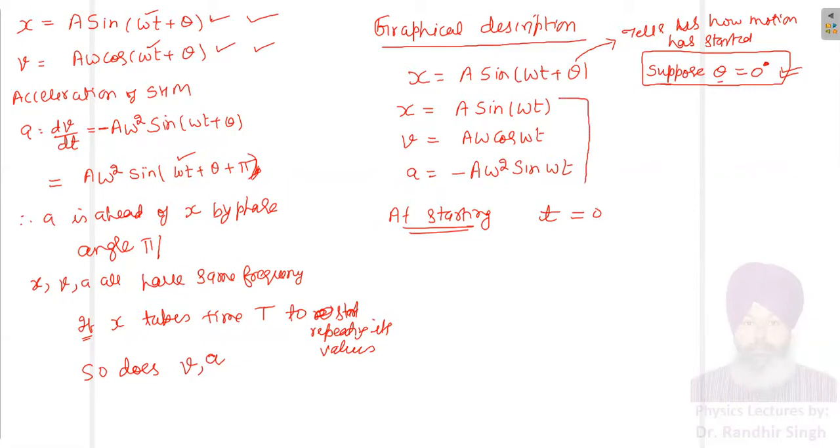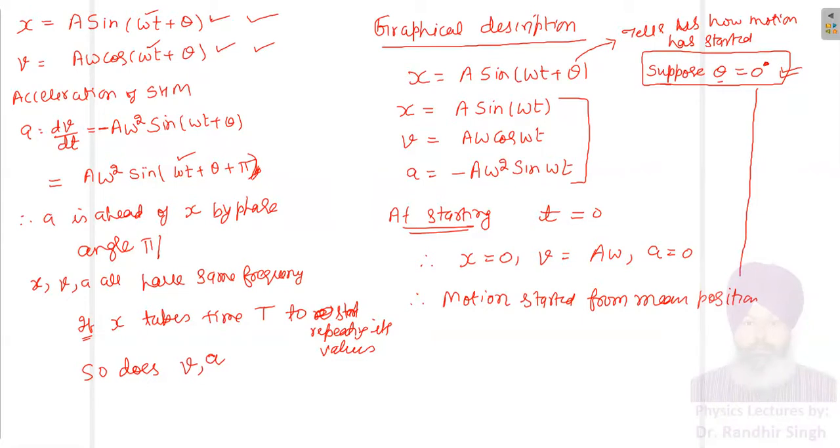From these three equations we can see that x will be 0, v will be a omega, and a will be 0. Because x is 0, it means initially the object was at equilibrium position, so motion started from mean position. So theta equal to 0 tells us that motion starts from mean position.